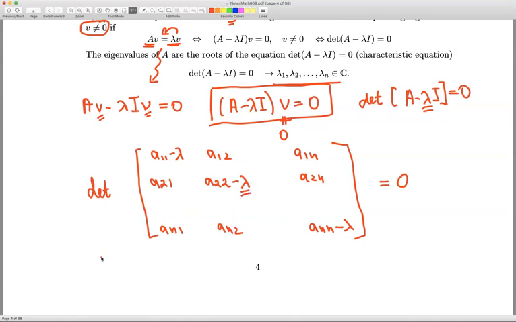And therefore, this equation here, also called the characteristic equation, will be an equation that is looking for the roots of a polynomial of degree n.